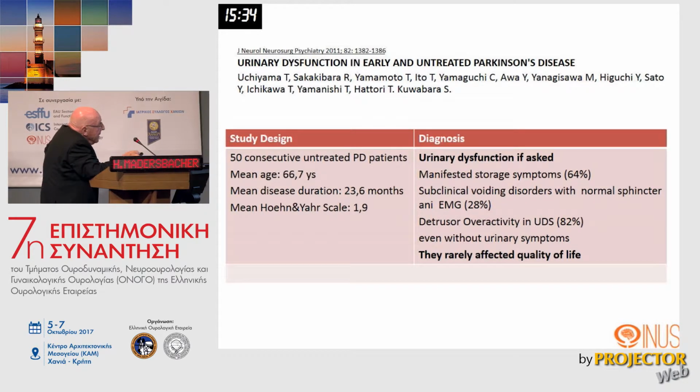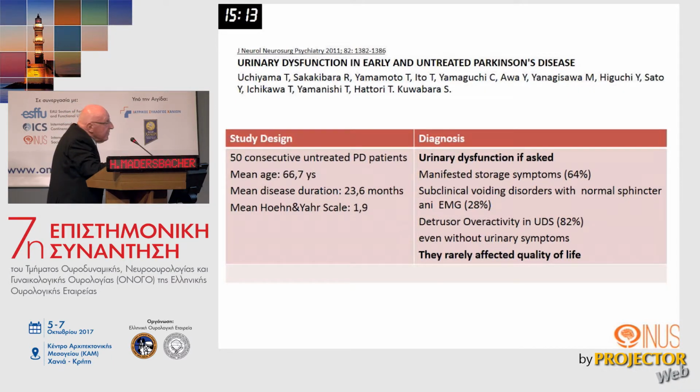And you see, if you ask them, they will say there are some symptoms, mostly storage symptoms. More often you see that even at that stage there is detrusor overactivity in UDS, but at that stage, normal sphincter. So you have some symptoms early in the disease, but they rarely affect the quality of life.